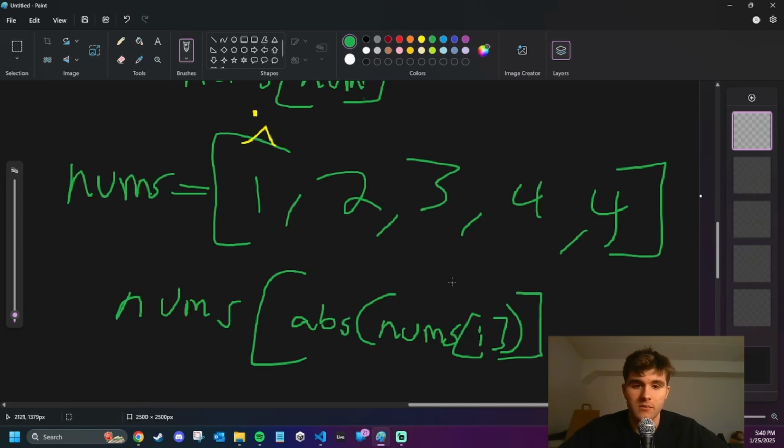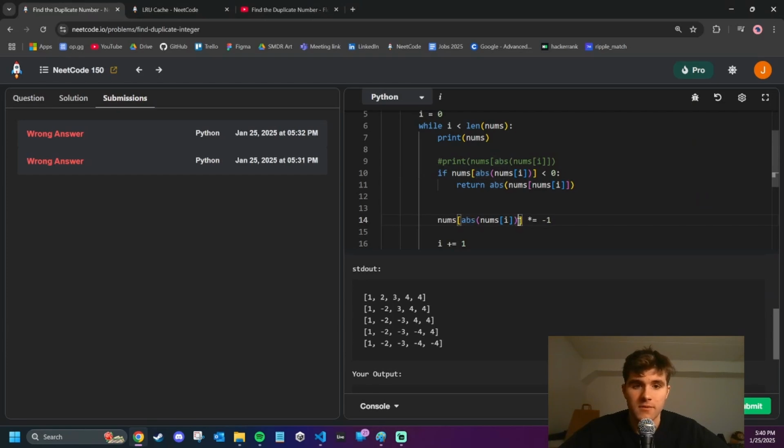Because this is 1 and then 1. So nums at 1, I want to make it negative. So nums of absolute value of nums of I times equals negative 1.